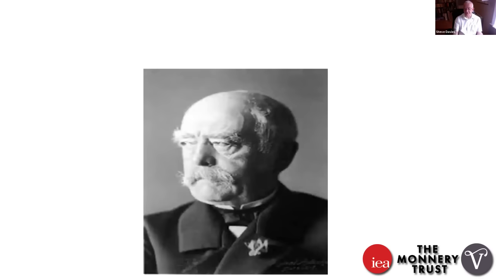I hope you would know who this is, but if you don't, it is, of course, Otto von Bismarck, the Iron Chancellor of Prussia and subsequently Imperial Germany. And state socialism was a term coined by his critics, actually, to describe his economic policies that he followed from the middle of the 1870s onwards, and particularly after 1878.